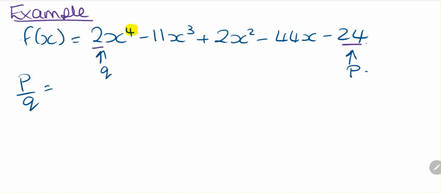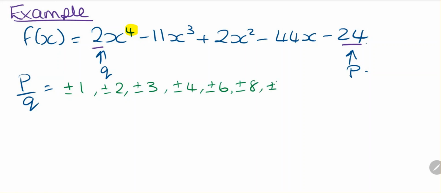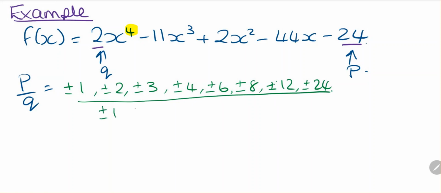First we need to write all the factors of 24. So this is going to be plus or minus 1, 2, 3, 4, 6, 8, 12, and 24. And this is all divided by factors of Q, which would be plus or minus 1 and plus or minus 2.